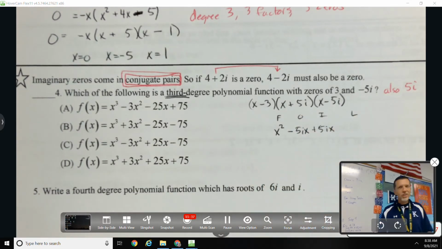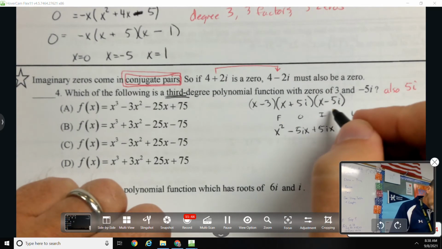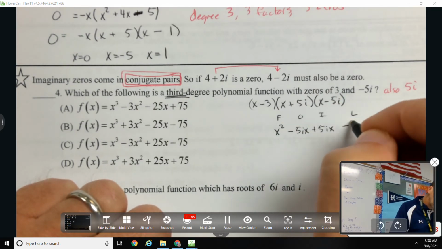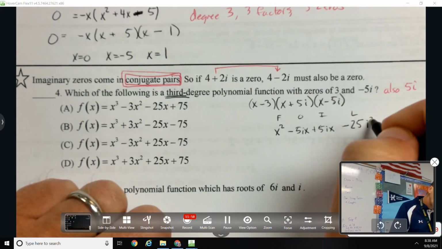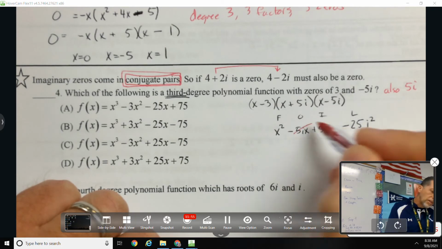Again, those are always going to cancel. If you recognize that and don't write them down, that's fine. And then the last one, here's the tricky part. Negative 5 times positive 5 would be negative 25 i squared. Alright, easy part, the 5ix's cancel out.